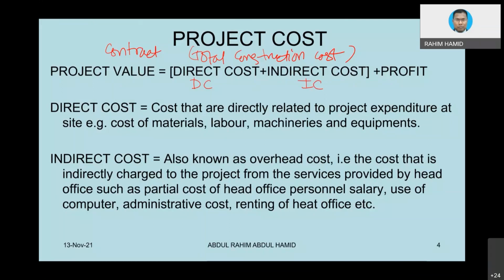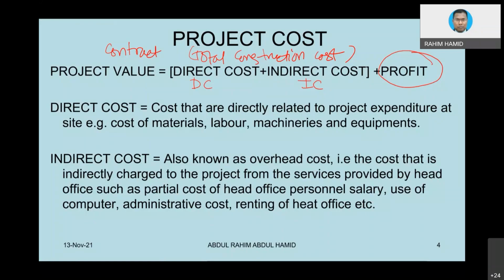Then on top of that, there is a concept of profit. That's why in certain negotiated tenders, there is a term you might have heard, cost plus project. So what does cost plus mean?